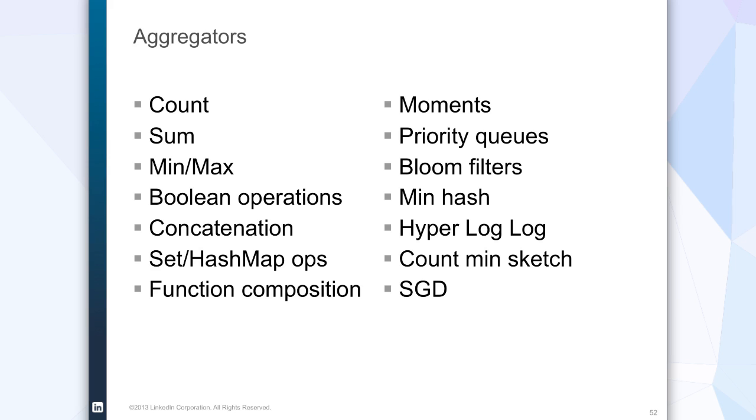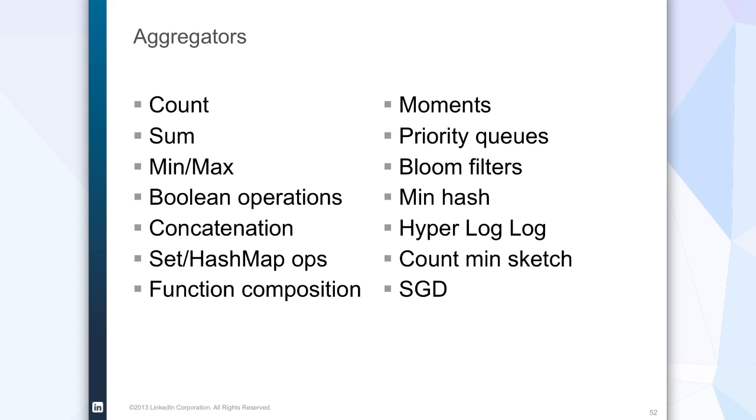Moments. So the 4 moments, which are the average, the variance, the skewness, the kurtosis, are all associative operations. Priority queues we just saw. Bloom filters are also, we can just take 2 Bloom filters and join them into a single Bloom filter, and it doesn't matter in which order we do it, so we can do it in a completely parallel way.